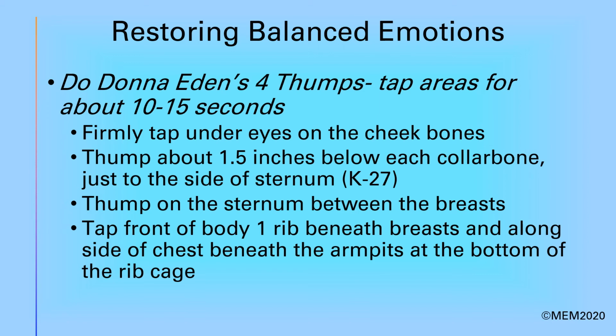Okay, then you're going to tap just underneath the collarbone on either side of the sternum, about an inch or so underneath that collarbone in the dip between the second rib there. And that's where the kidney meridian ends, called K27. And so we thump there really hard and firm.